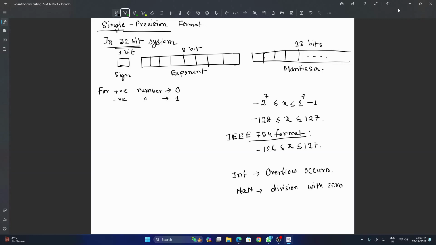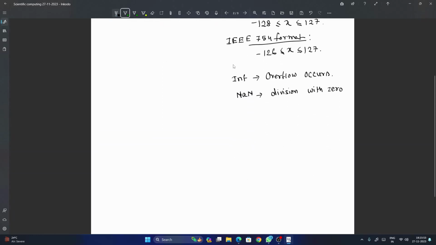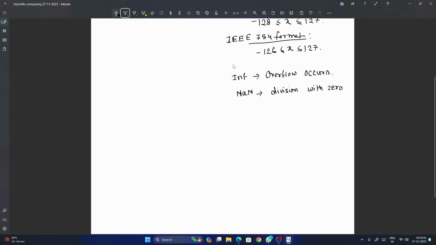So now the question is, what is the format for 64-bit machines? If you take the double precision format, in the 64-bit system, again 1 bit is reserved for the sign.